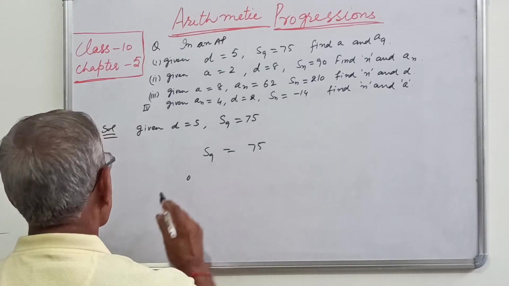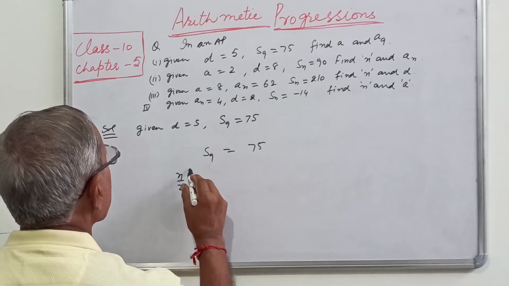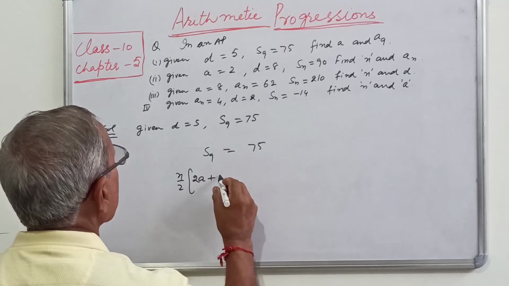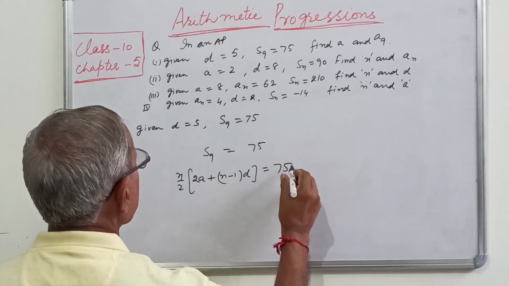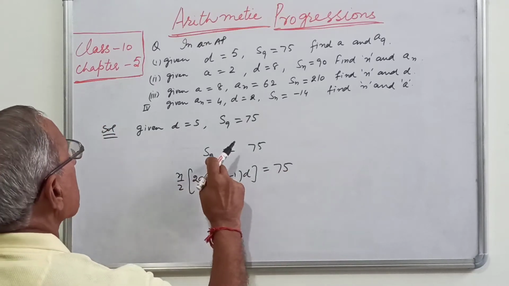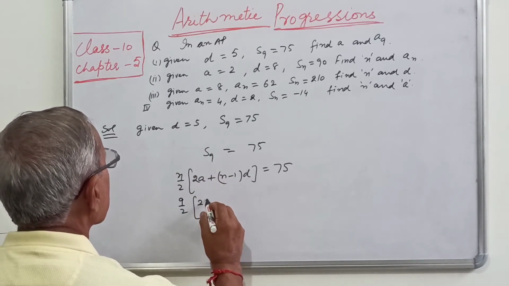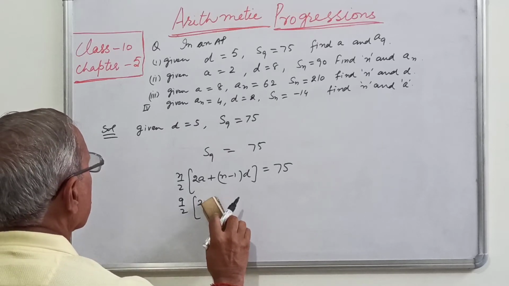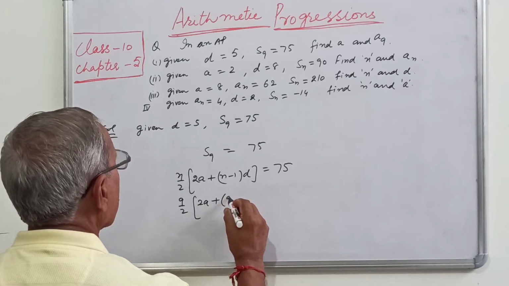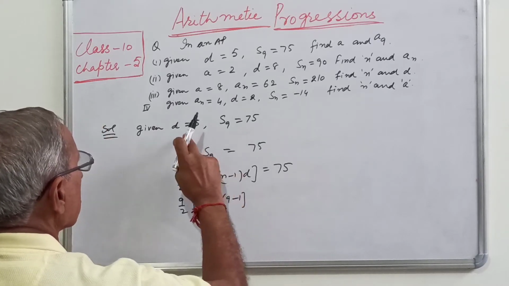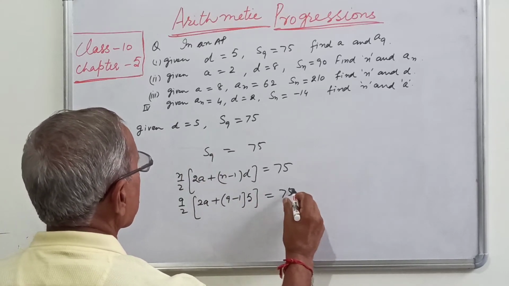So that is n upon 2 into 2a plus n minus 1 into d is equal to 75. So n here is 9, so 9 upon 2, 2a plus 9 minus 1, d is given here as 5, is equal to 75.